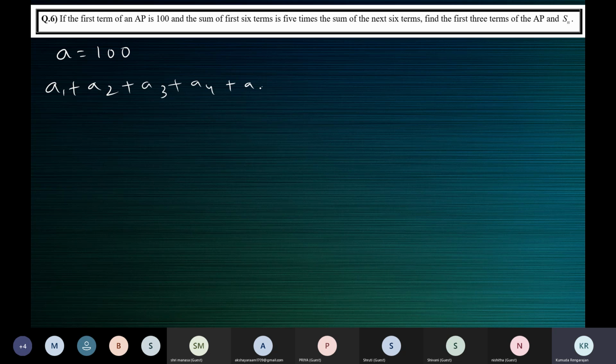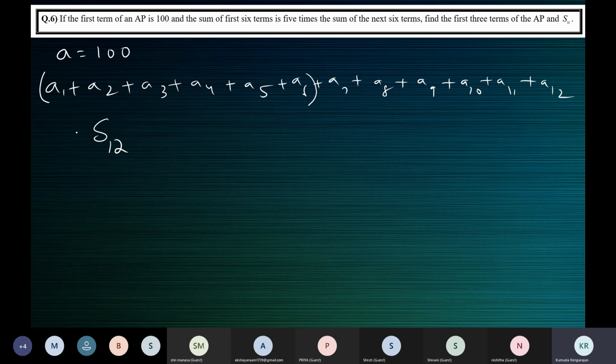It's just for your understanding, children. So we all know that this is S12. Now we are removing this, A1 to A6, we are subtracting this.